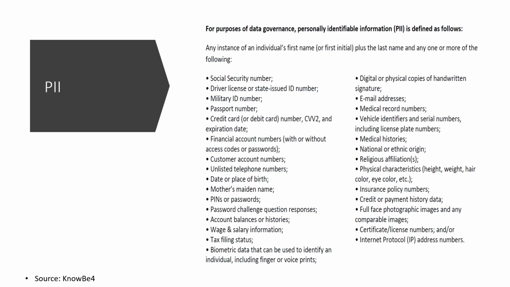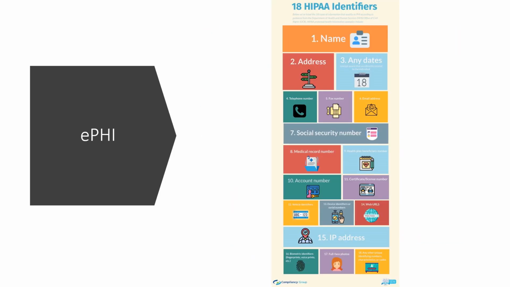And so what about PHI, protected health information? Well, now you can see there's 18 identifiers here, but now whenever any of the PII is used in conjunction with, connects to one's physical or mental health or condition, healthcare, one's payment for healthcare, well, then now it becomes PHI.